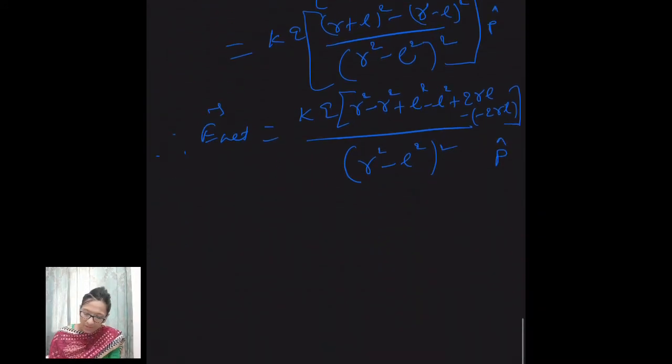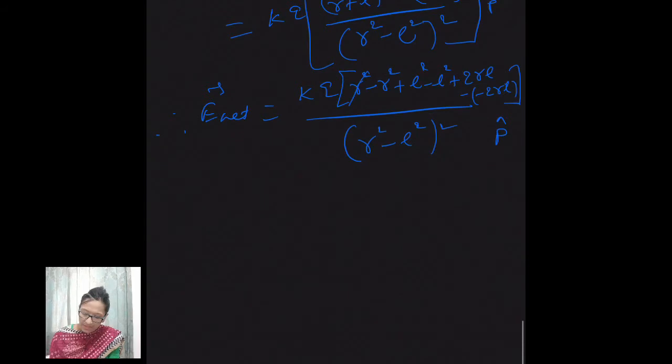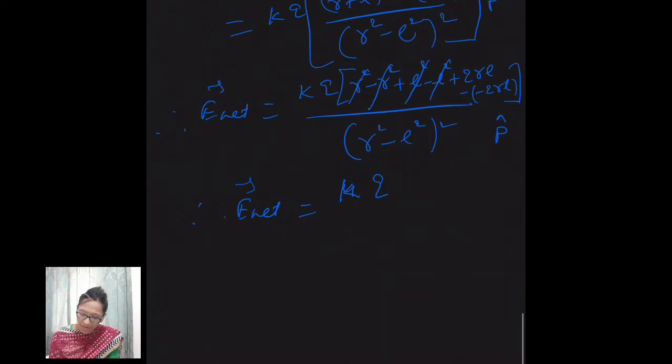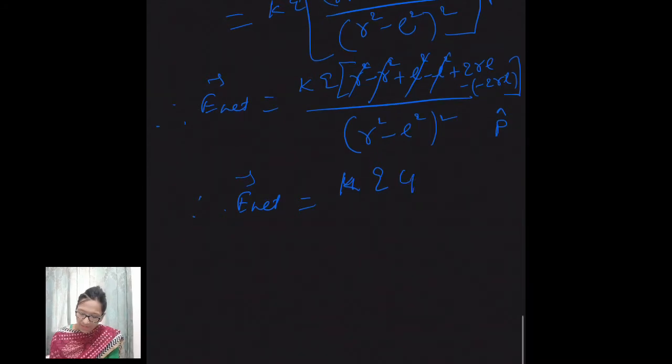The R square cancel, L square cancel, therefore E net comes equal to 4KQ into 4RL divided by R square minus L square whole square P cap.